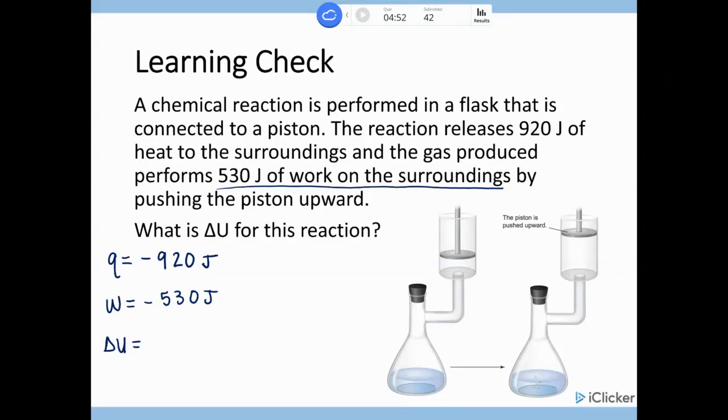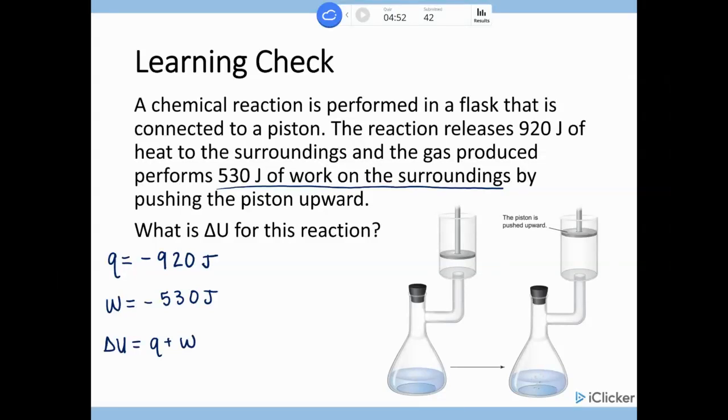So in this problem, we're given Q, we're given W, so we can calculate delta U, the change in internal energy, using our equation Q plus W. The other equation, U final minus U initial, will give you delta U, but we don't have those values. We don't have the initial internal energy of the system and the final internal energy of the system.